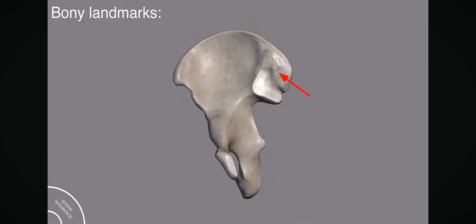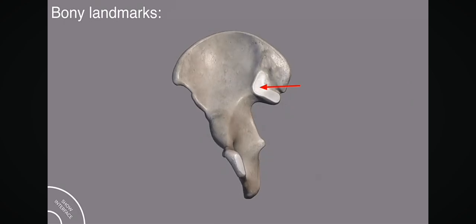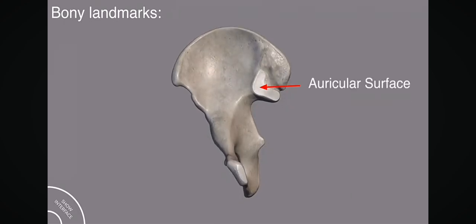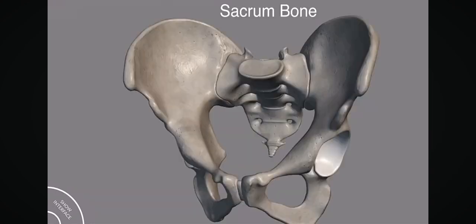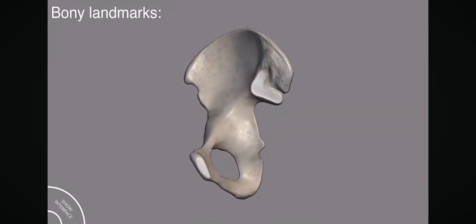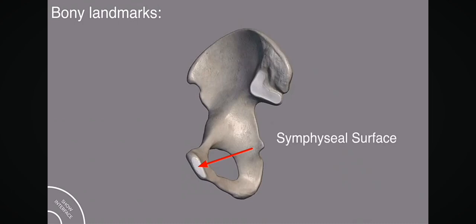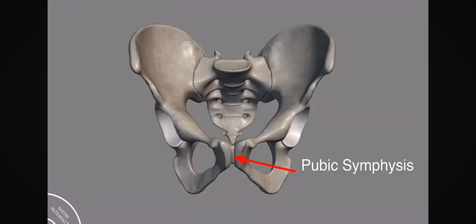This tuberosity is called the iliac tuberosity, and this is called the auricular surface through which it articulates with the sacrum. This is called the symphyseal surface, and through this symphyseal surface it is attached to the pubic symphysis.